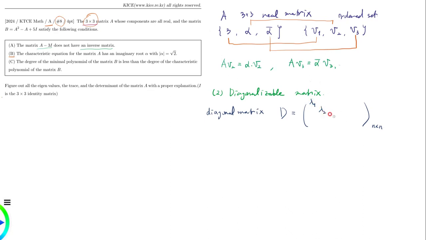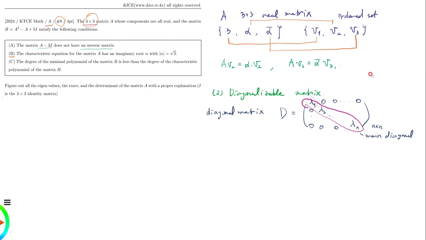Only the entries on its main principal diagonal can be non-zero, so all other entries are 0 except this principal diagonal line here. Actually, they also could be 0, but the only entries that could be non-zero are the entries on this main diagonal.